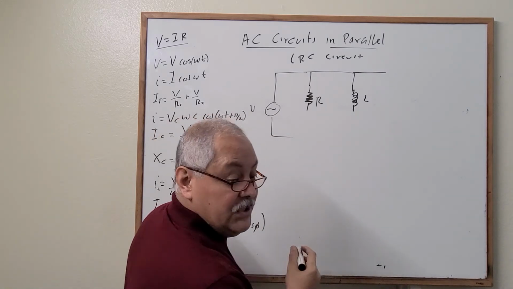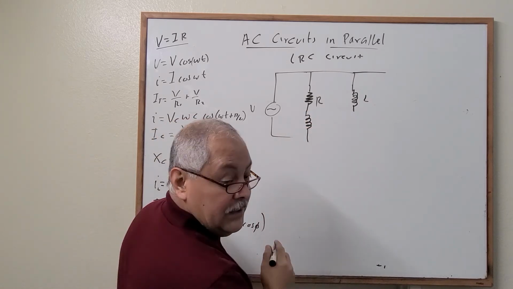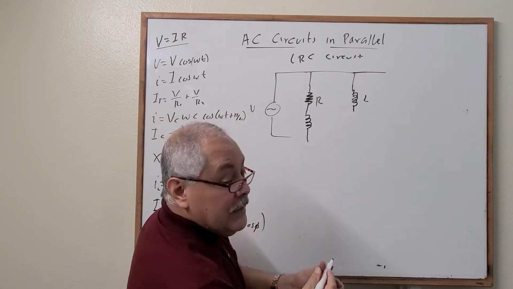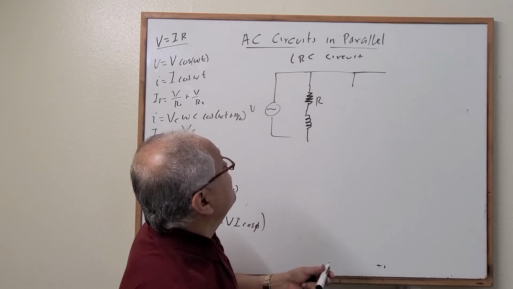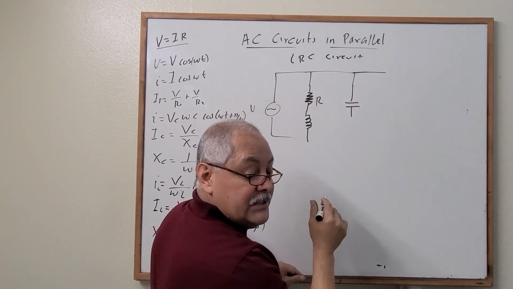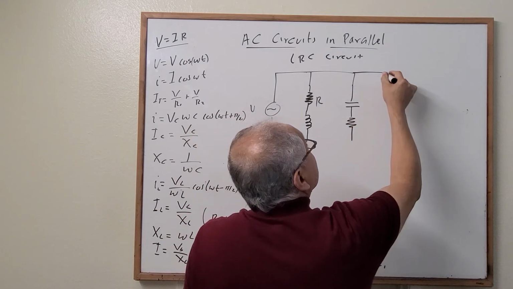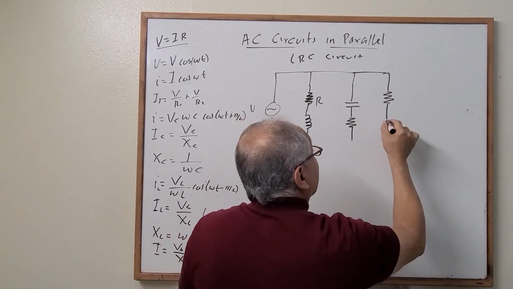Imagine that we have a resistor, and right here we have an inductor, and then we have a capacitor. Imagine this is a capacitor right here, and we have a resistor, and then we have a resistor, and we have another inductor.